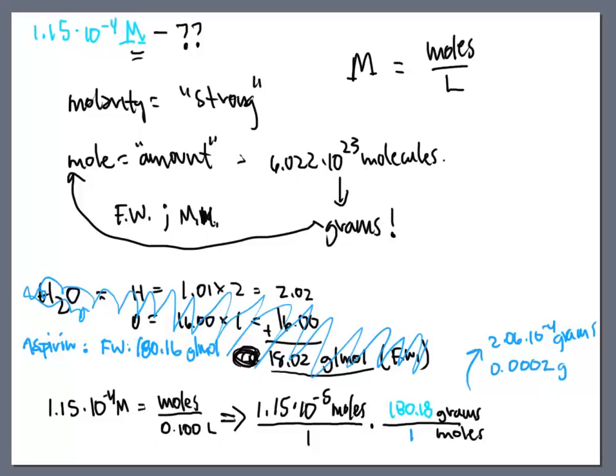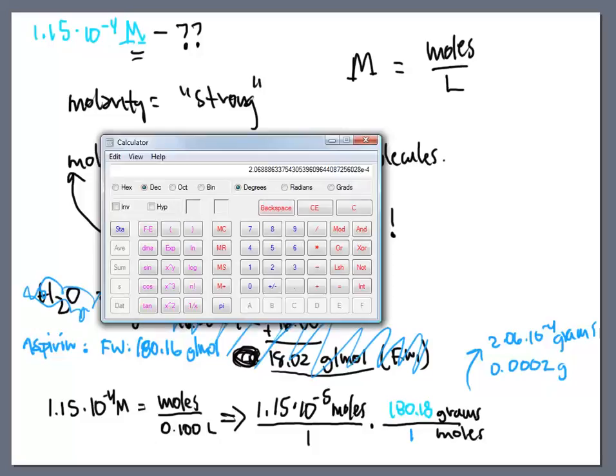Mole on top, mole on bottom to gram. There's 180.18 grams in 1 mole. So therefore, I'm going to come here and let me clean this up a little bit. 1.15 times 10 to the negative fifth times 180.18.